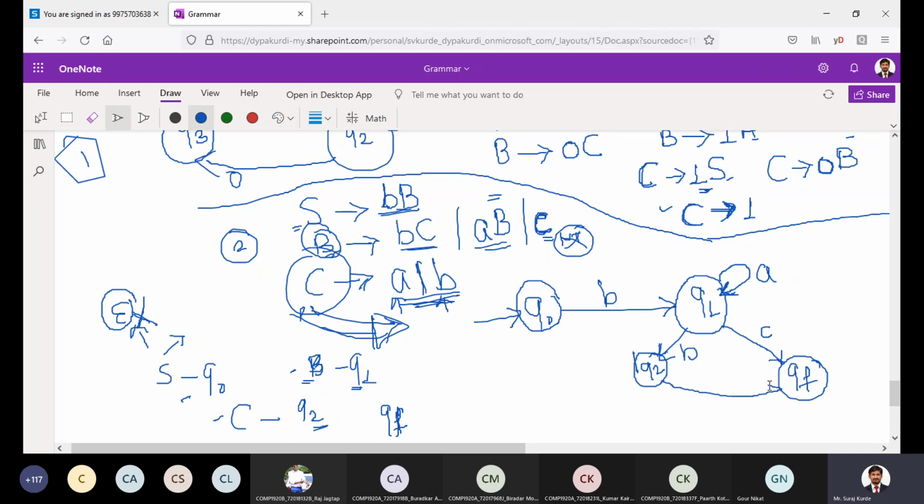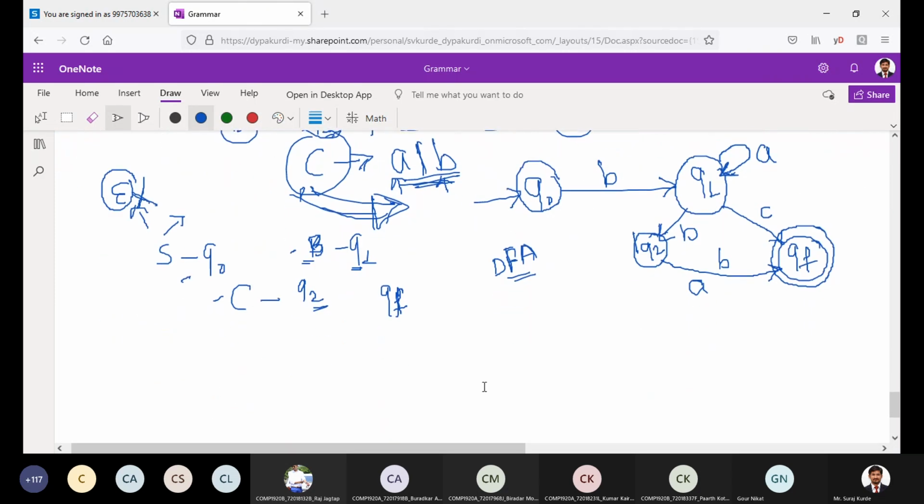From state Q2 on input A or on input B, it goes to final state. I have a double circle. What is this double circle? Final state. And this is the DFA. Clear? This is the required DFA.